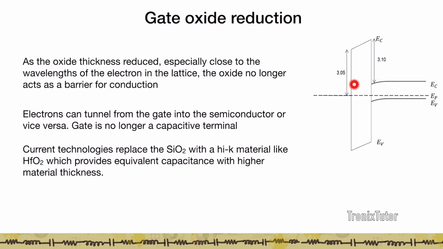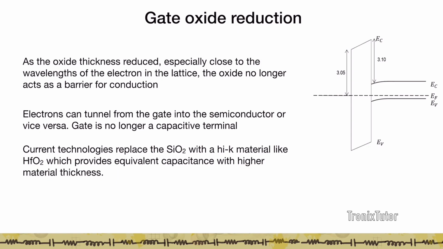This happened in the late 2000s. In the early 2000s, the SiO2, which was the oxide in the dielectric, was replaced with a higher-K material, something along the lines of hafnium dioxide.